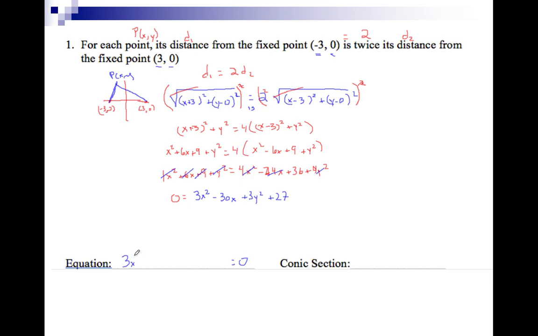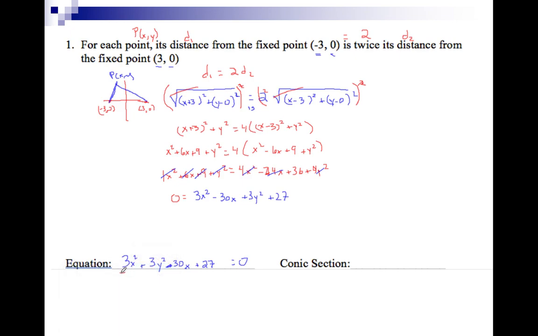Capital A x squared plus capital C y squared plus dx, d is negative 30, e is 0, and f is 27. So there is my equation of my conic section in general form.